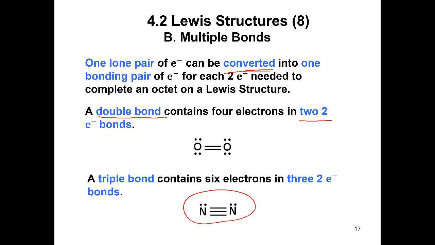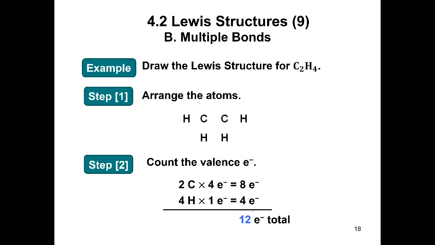A triple bond would have 3 of those 2-electron bonds, and sometimes we have to do that to use those correctly. So if you have a structure that's got multiple bonds, and we're using C2H4, we draw the skeleton like we believe it would be, because the hydrogens cannot be connected together.